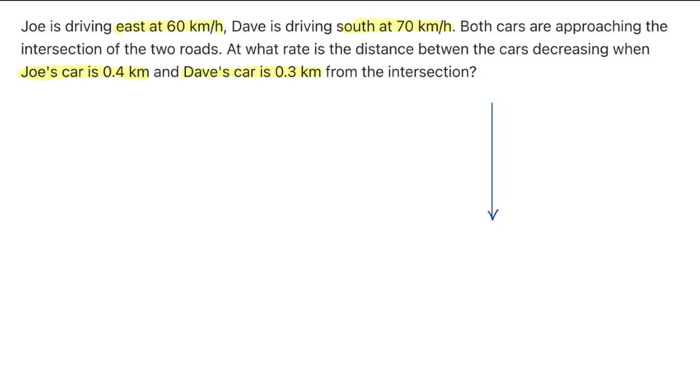This is Dave, driving south at 70 kilometers per hour. And then we have Joe driving east at 60 kilometers per hour.